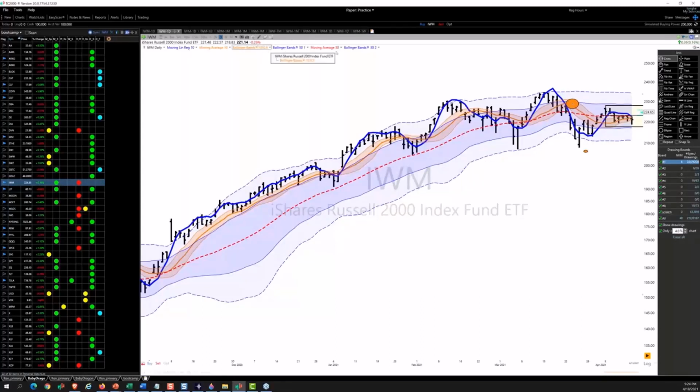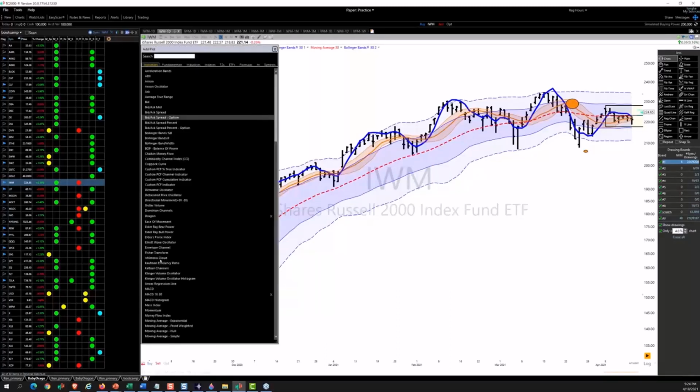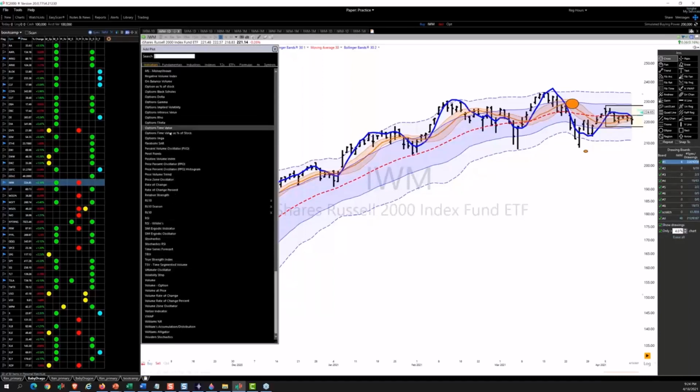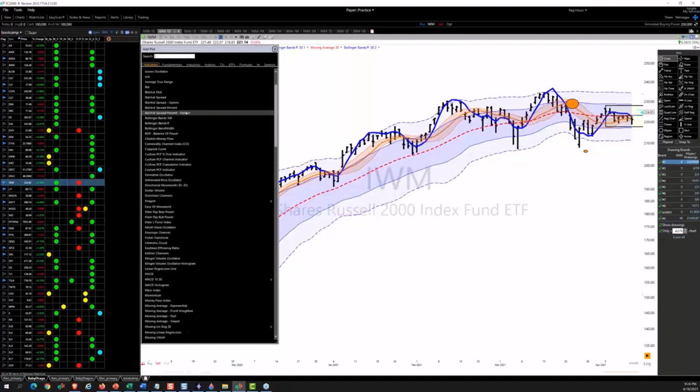Now what I want to show is, let me leave that on there for right now and add a couple of, so if the 10 is the fast moving regression line, the slow moving regression line is the 30. So that's 3 times faster, and that correlates with the look back period of the Bollinger Bands, the river.